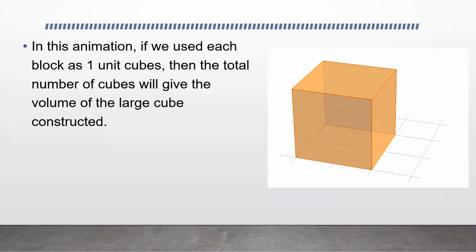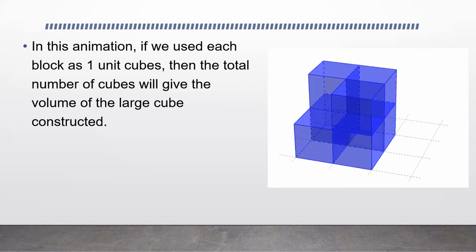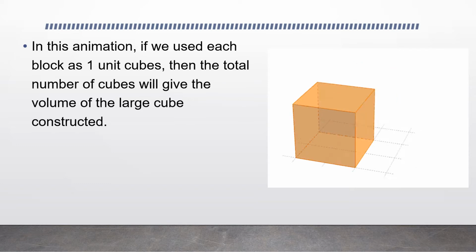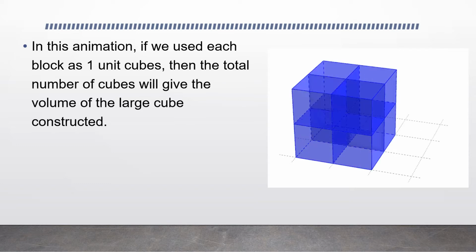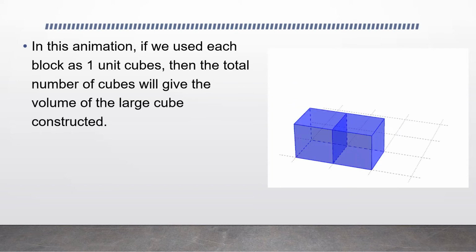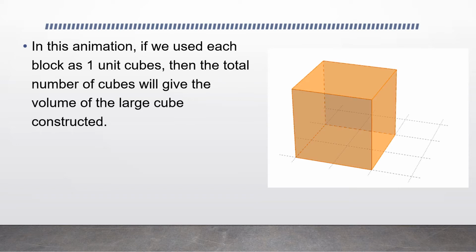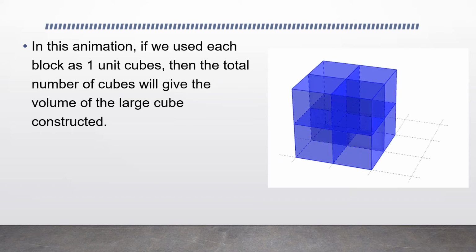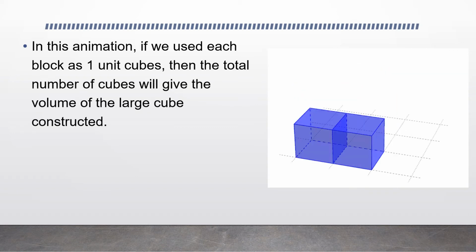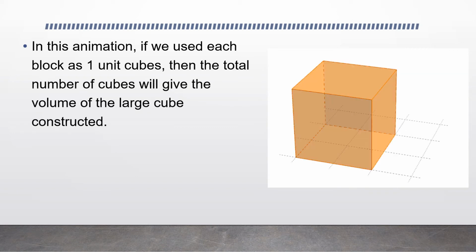Please notice the construction of that. Each cube is considered a unit cube, and they are packed together to form a polyhedron or a solid. In that case, it's a larger cube that it actually designed.